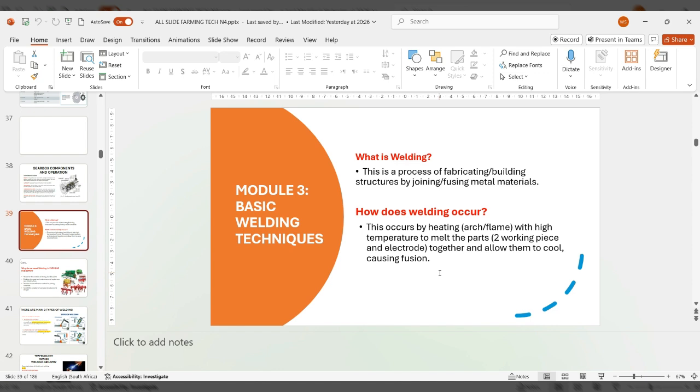Welding is nothing but the process of building structures by joining. It is a process whereby we are joining or fusing metal materials.